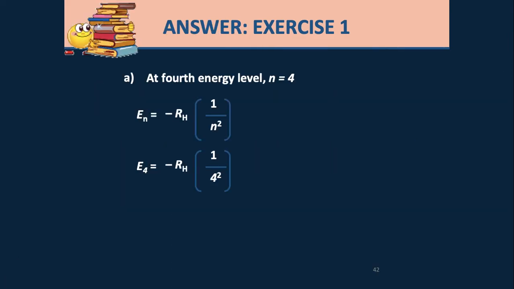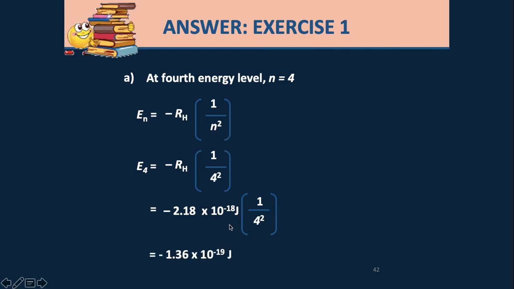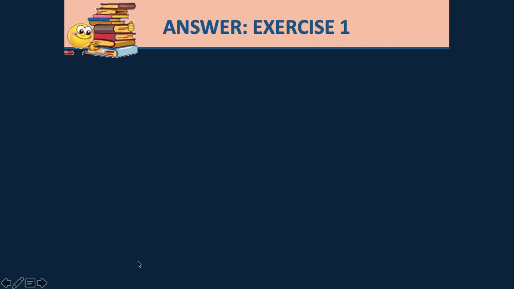At the fourth energy level, you can just use the equation and put in the Rydberg constant and n equal to 4. So you'll get negative 1.36 times 10 to the power of negative 19 joule. Second, the change in energy.